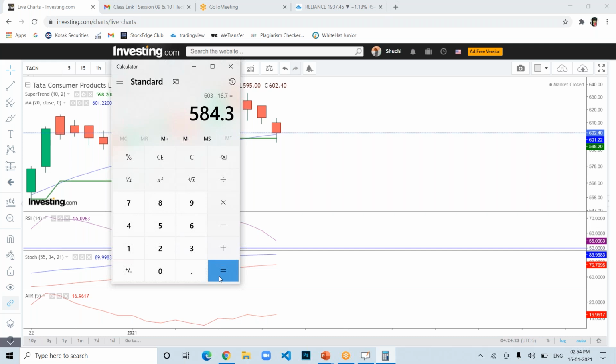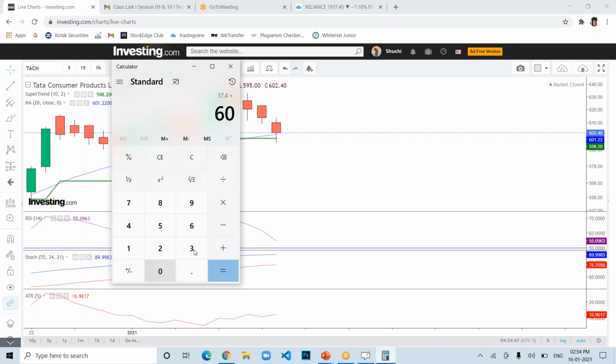584 rupees is the stop loss, and 603 plus 2.2 into 17, 37.4 is your target.